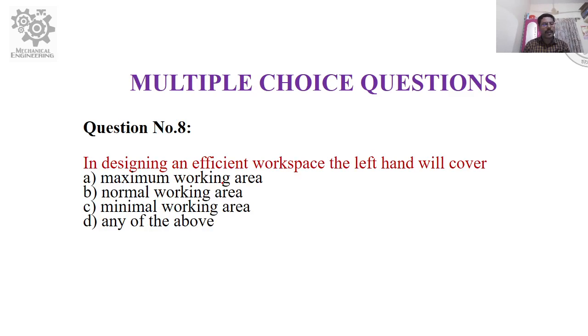Question number 8. In designing an efficient workspace, the left hand will cover: A, maximum working area; B, normal working area; C, minimum working area; option 4, any of the above.